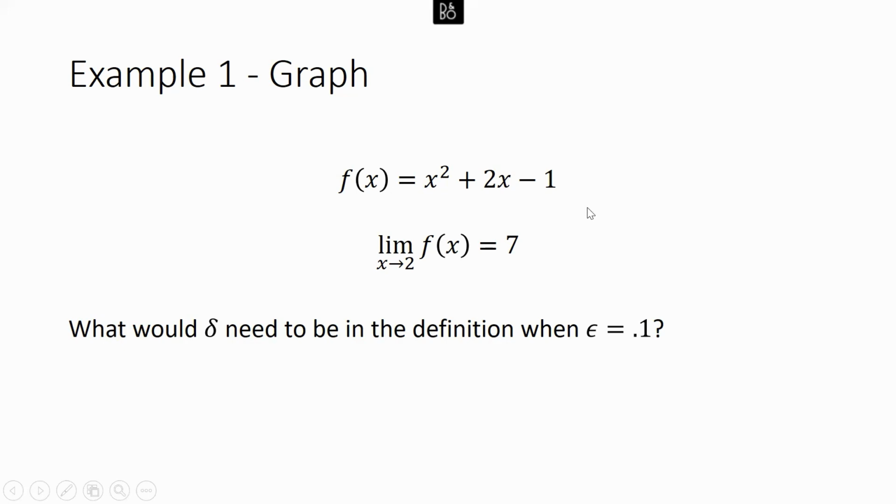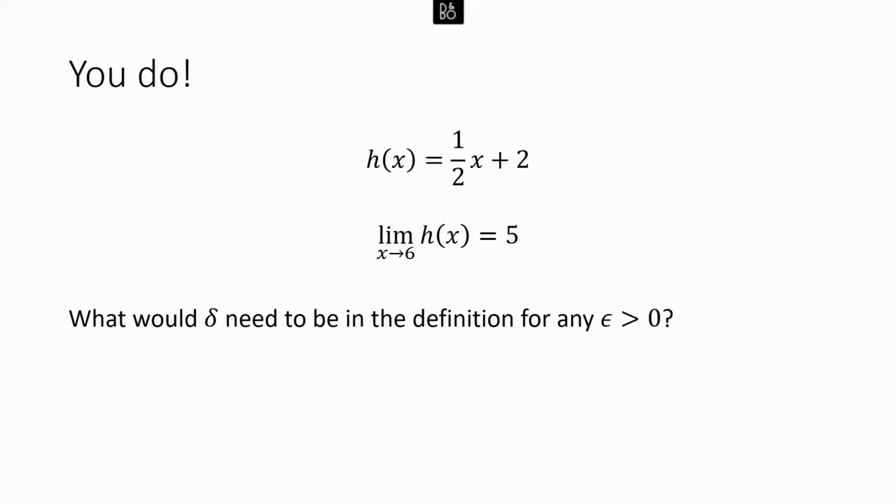But in this class, we'll keep it on the straight and narrow path, on the not too wild and out there functions. All right. So that ends section 1.2 videos.